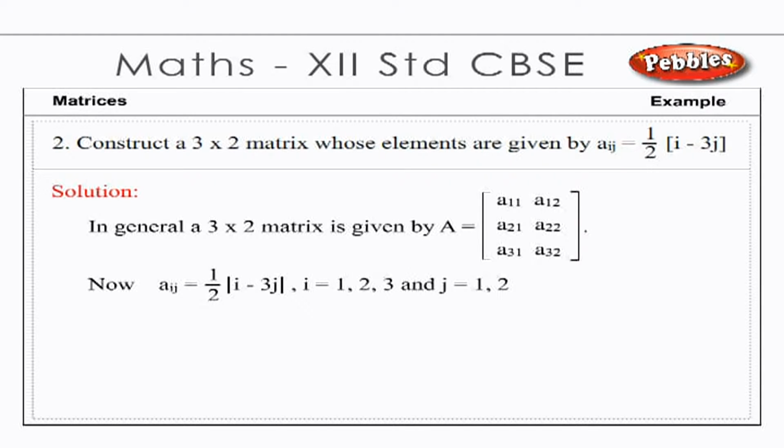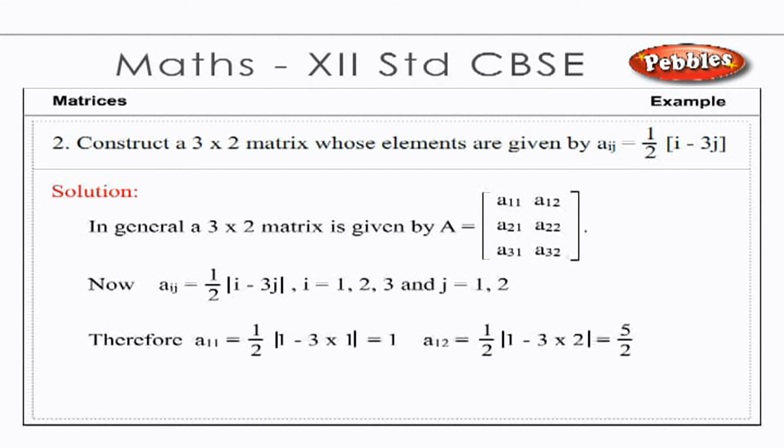Now, a_ij = 1/2 |i − 3j|, where i is equal to 1, 2 and 3 and j is equal to 1 and 2.